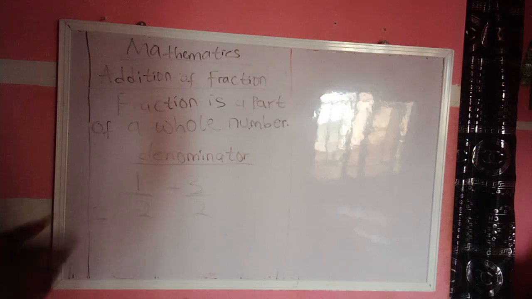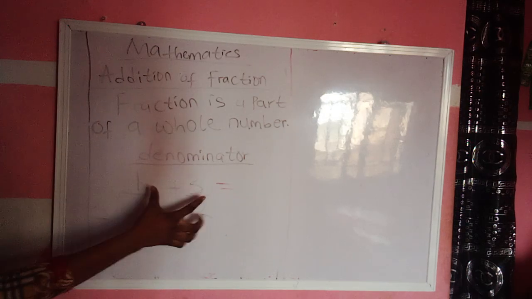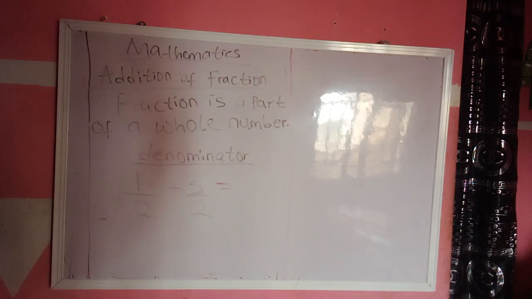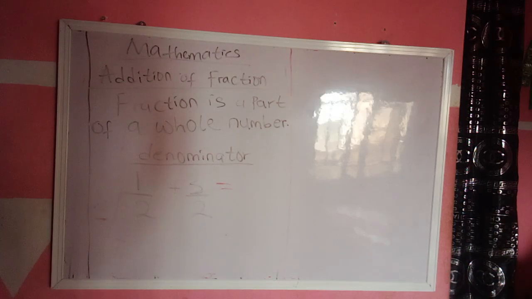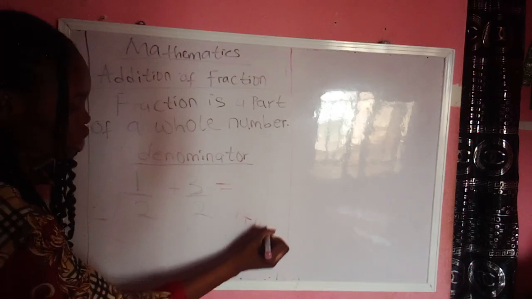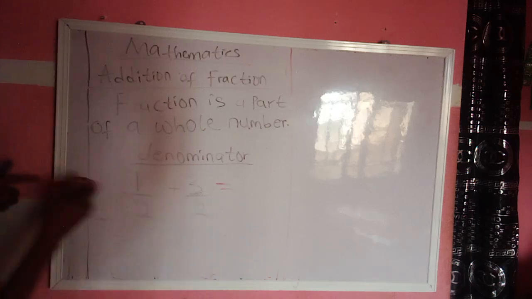Now, how can we add it? We are just going to do a very simple thing. We'll add the one on top, right? 1 plus 3. The ones on top only. 1 plus 3 is what? Let's do 1 plus 1, 2, 3. Let's come together. 1, 2, 3, 4. So 1 plus 3 is what? 4.